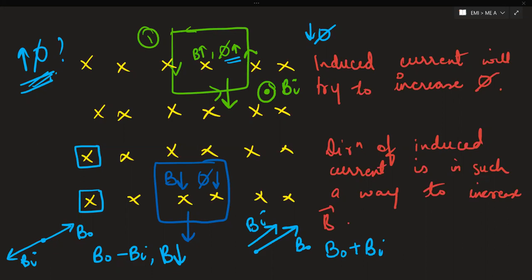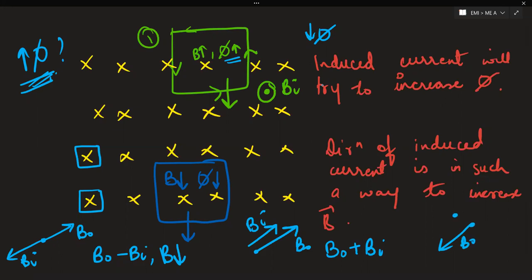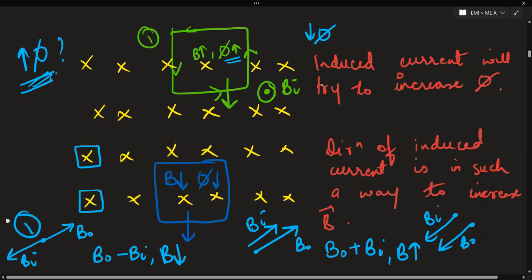Or even let's take an example, had the original magnetic field been pointing outwards and the induced magnetic field is also taken outwards, then also it will increase. In both these cases, magnetic fields are pointing in the same direction. So what happens to the net magnetic field? It will increase. So one option is this, other option is this.